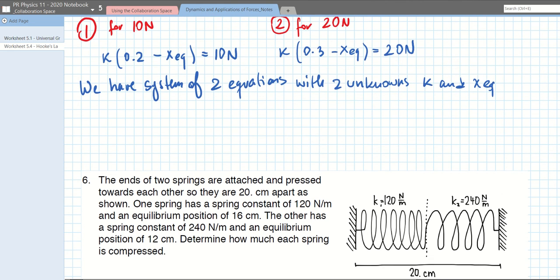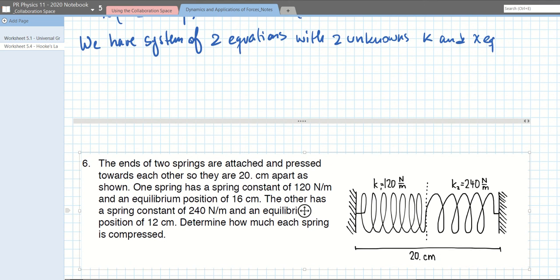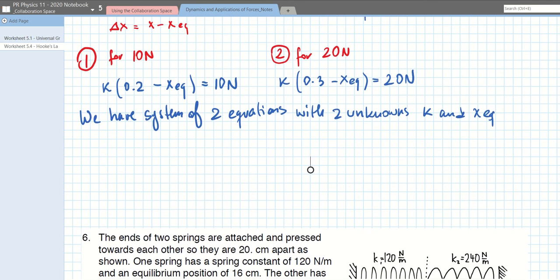Now, like I said, you can use substitution. So solve one of them for one of the variables. I'm going to solve the first one for k. Let's do this in different colors. So here's our first equation. Let's solve this for k.